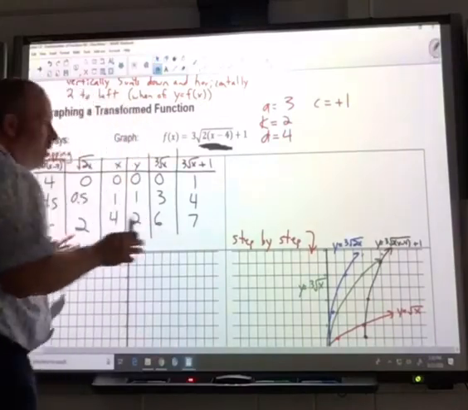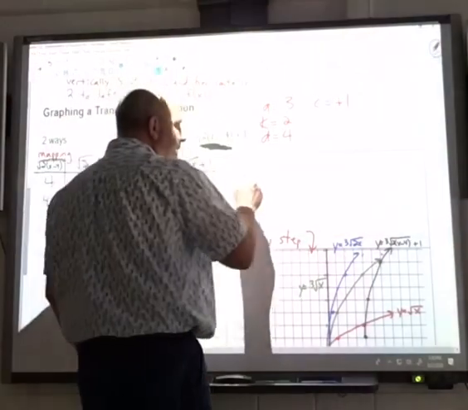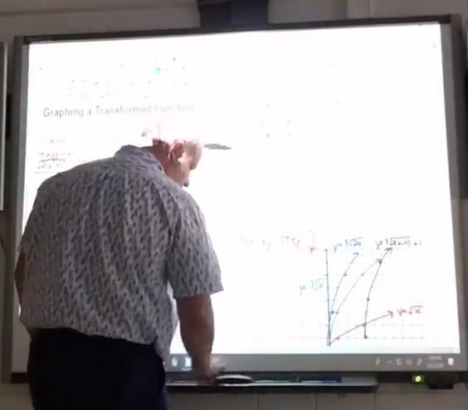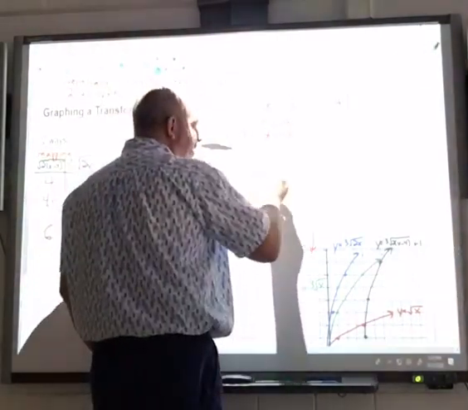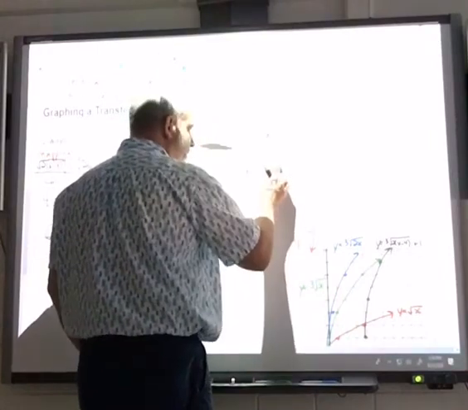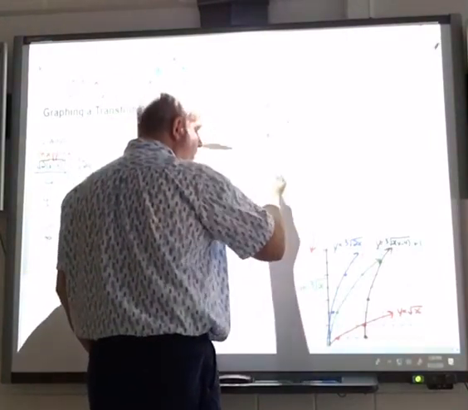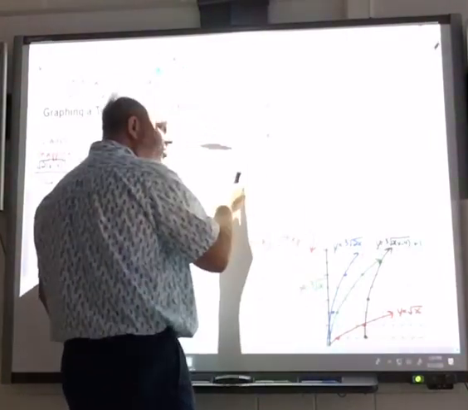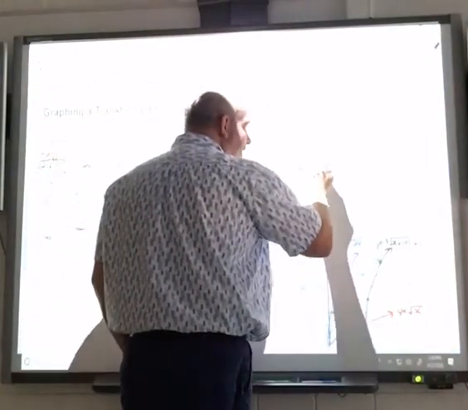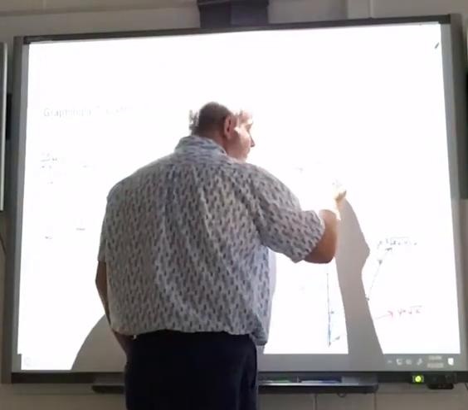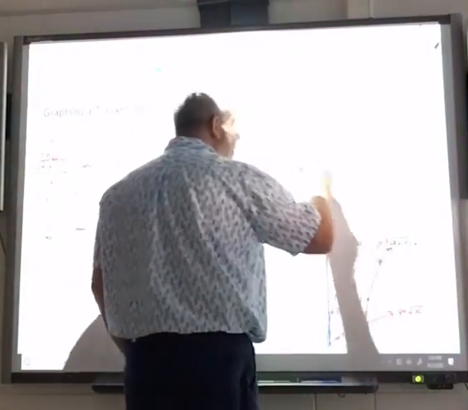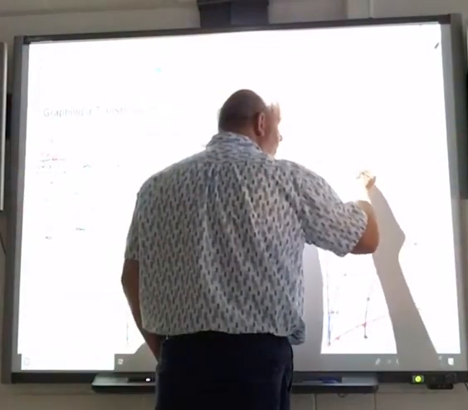Another way to look at it is to actually write down the mapping rule. So the mapping rule is, I take each individual point and I take each x value and I multiply it by 1 over k times x plus 4.